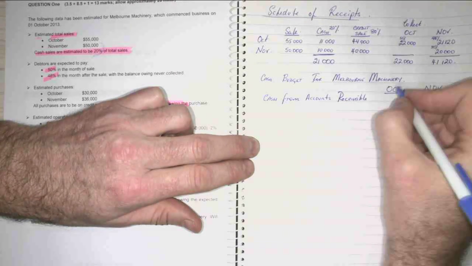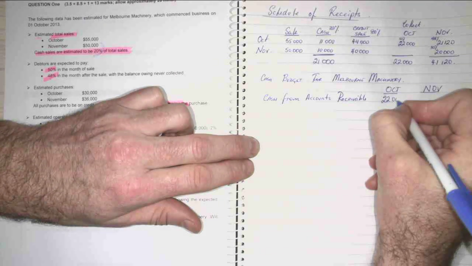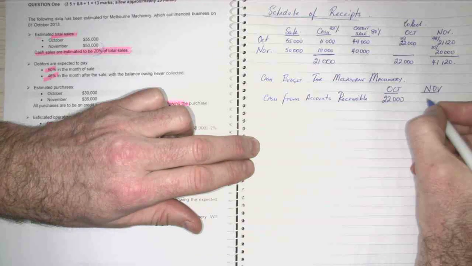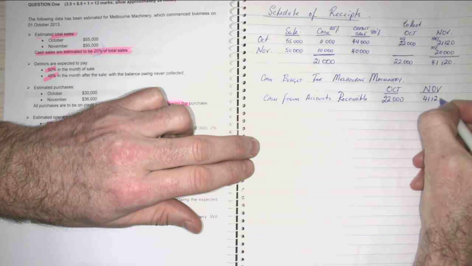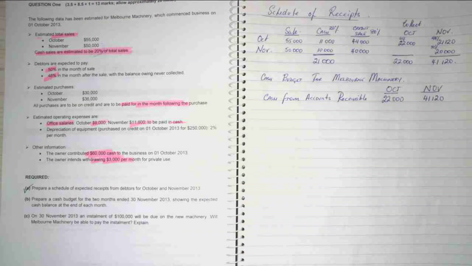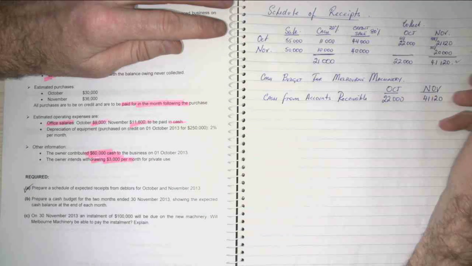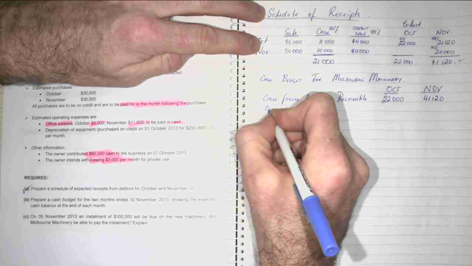It's 22,000 in October and 41,120 in November. So I can tick that off, I'll put that in, and then I'm going to do cash sales.